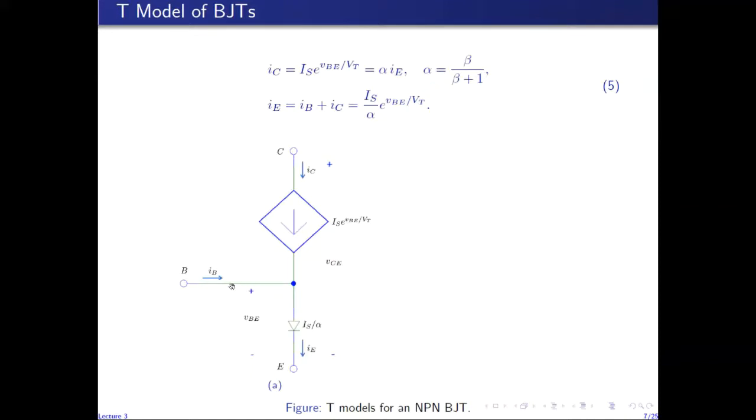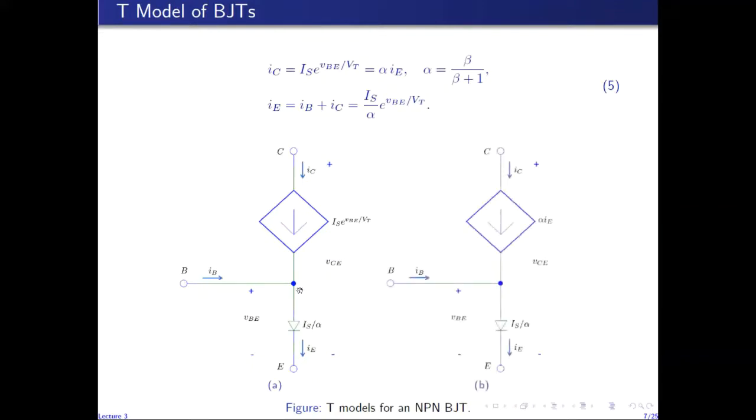So this emitter base junction is represented by a forward biased diode having forward biased voltage VBE and scale current Is over alpha, because IE depends upon the scale current Is over alpha.